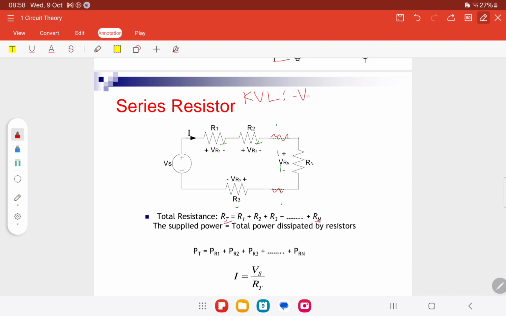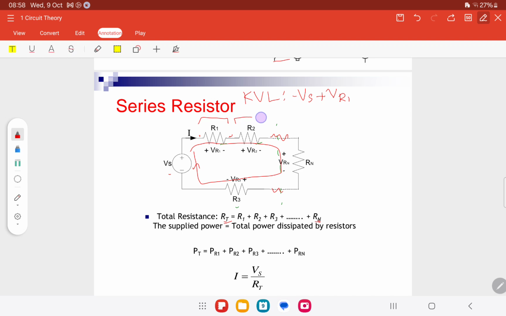Minus ni saya just tunjuk minus VS plus, why minus? Sebab kalau kita buat in loop, dia masuk kod minus kan, minus VS plus VR1, voltage dekat R1 sini. This is R1.